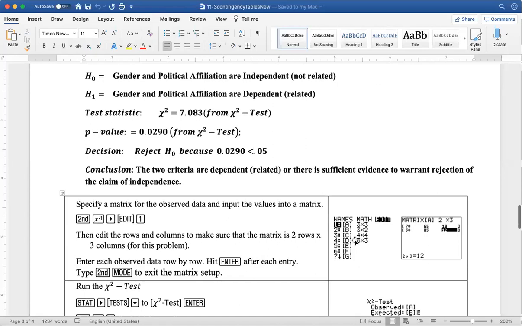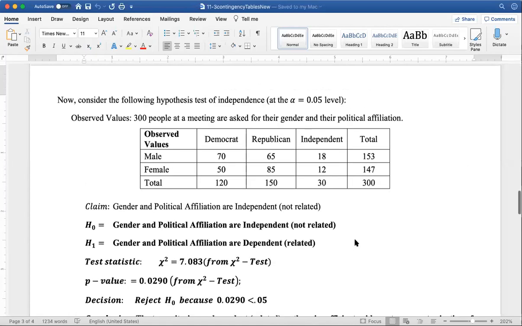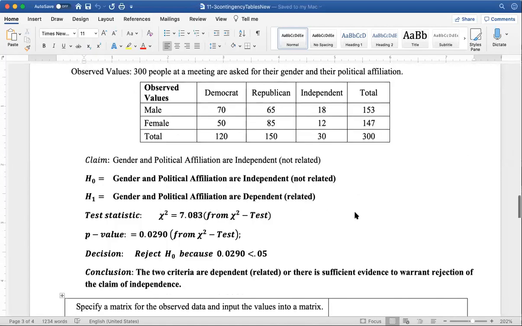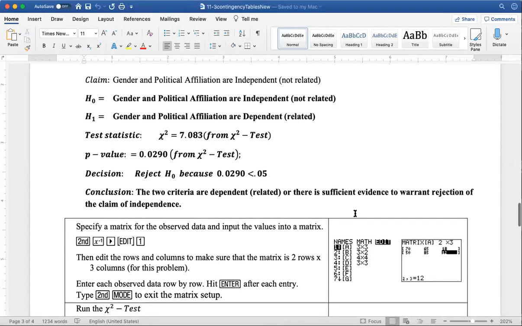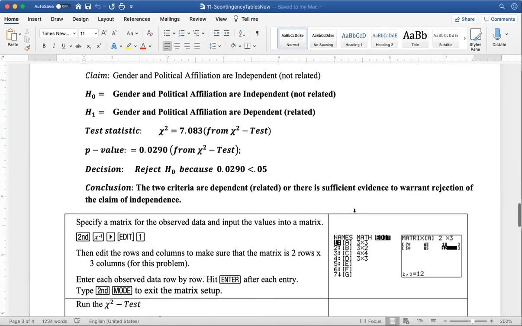And since we're doing this at the 0.05 level again, since 0.0290 is less than 0.05, we're going to reject H0 and say the two criteria are dependent or related. There's sufficient evidence to warrant rejection of the claim of independence.